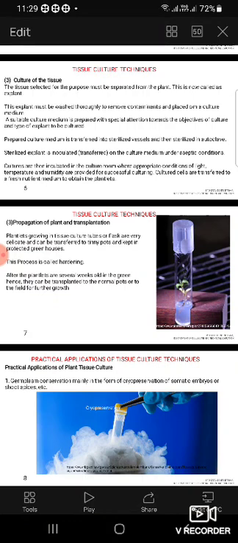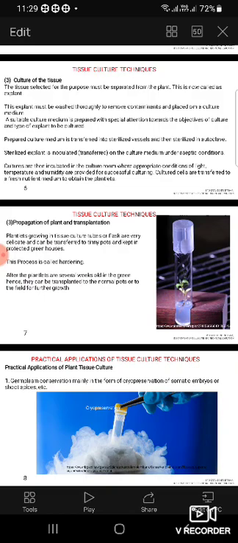Cultures are then incubated in the culture room where appropriate conditions of light, temperature, and humidity are provided for successful culturing. The cultured cells are then transferred to a fresh nutrient medium to obtain plantlets.